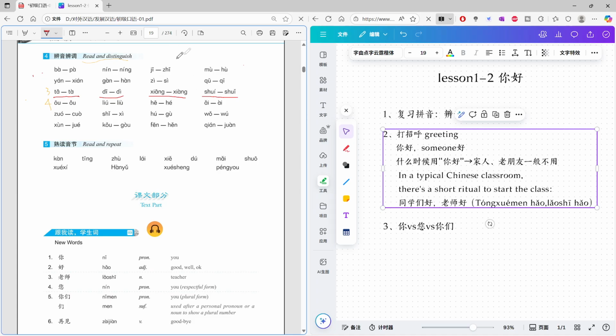For example, this is your finger, and the first tone, because it's flat, so ta, right? You can use your finger. Ta, right? Ta. And the fourth tone, it's down, right? It's down. The direction is down. So ta, right? And stronger.